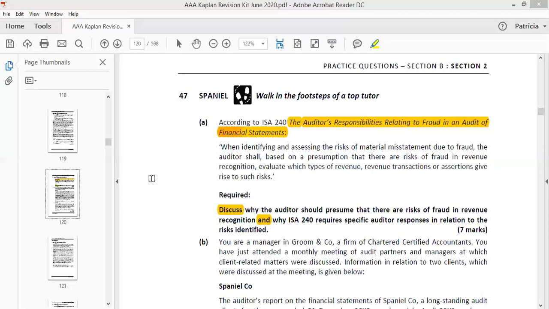As we've said, a high risk area for revenue is where you're dealing with a cash based business with high volume of transactions, and also situations where you're dealing with estimates in terms of revenue, like long-term contracts such as construction of buildings and provision of services. Those can be your examples for high risk areas for revenue in terms of fraud.